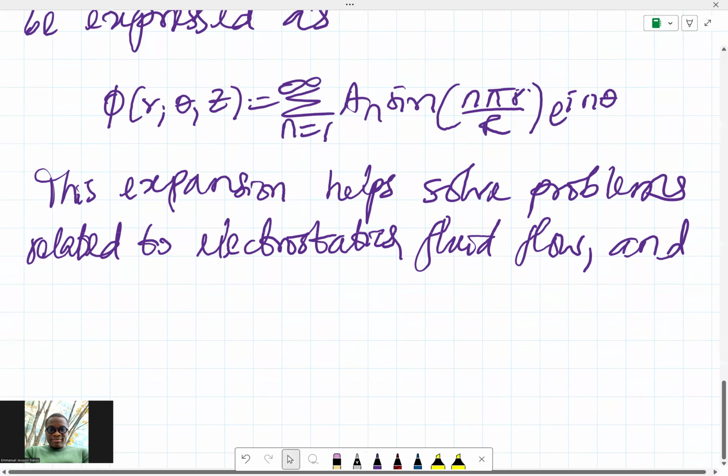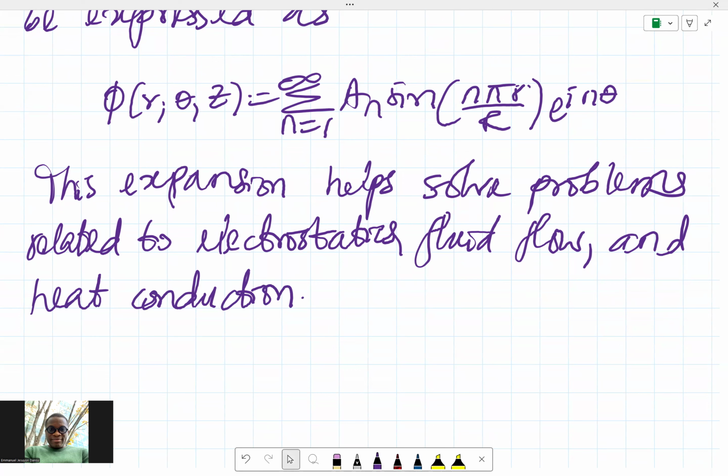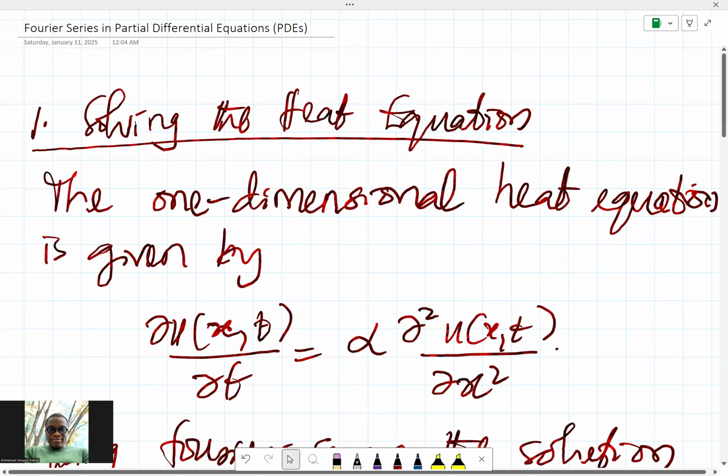So these are some applications of Fourier series in partial differential equations. We didn't actually embark on solving the equations properly, but maybe when I talk about solving differential equations, I can get to discuss that.